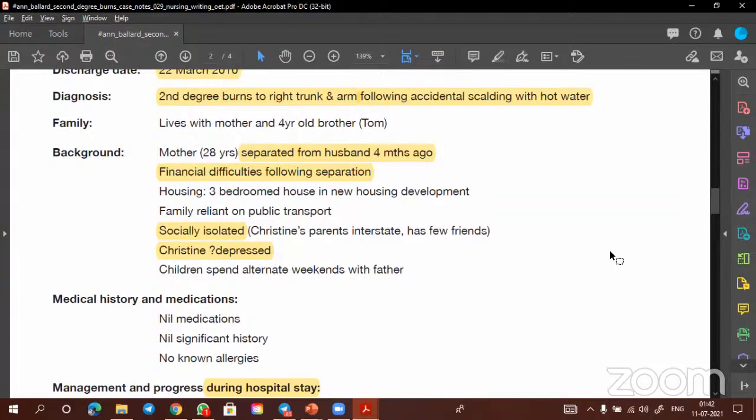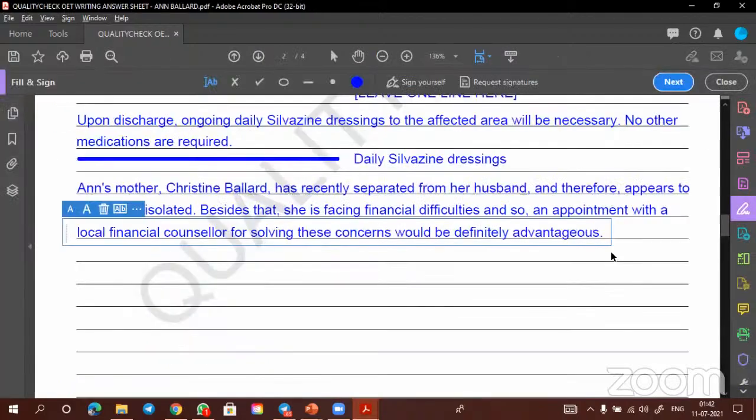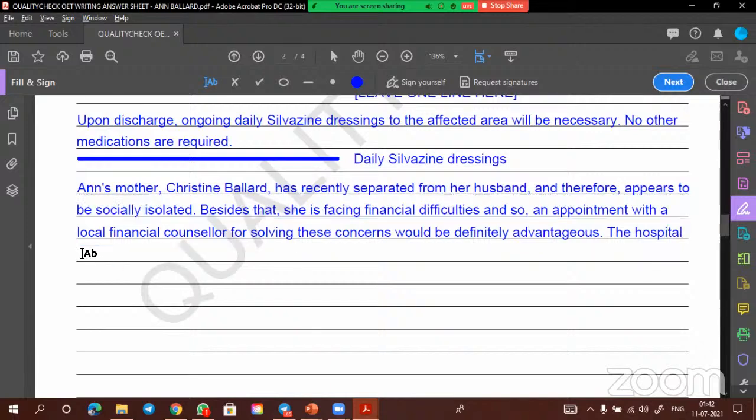So you can say the staff members are concerned here, or the hospital employees, or however you want to say. So the hospital staff members are concerned.